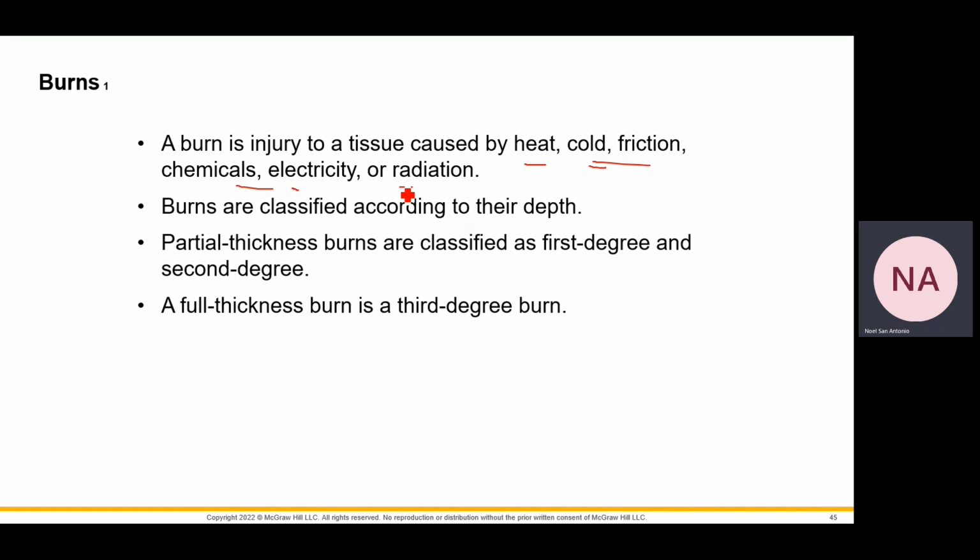So, although madalas nating marinig yung mga first degree, second degree, and then third degree burn, these are actually layman's terms. In the hospital, the terminology used for burn classification according to depth is yung partial thickness, yung mga full thickness burn, instead of using the first degree, second degree, and third degree.